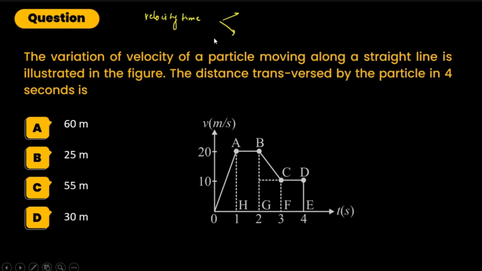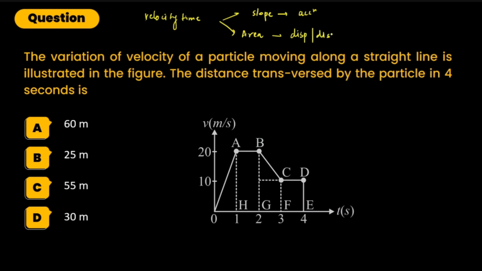This velocity time graph will give us two things: first, slope, and second, we can calculate area in it. The slope gives us acceleration, but the area of the velocity time graph will give us displacement or distance.